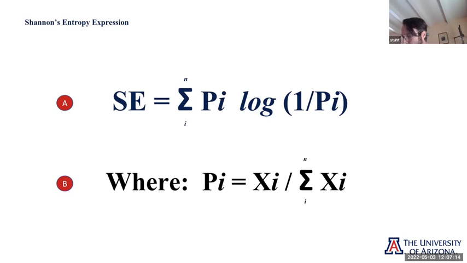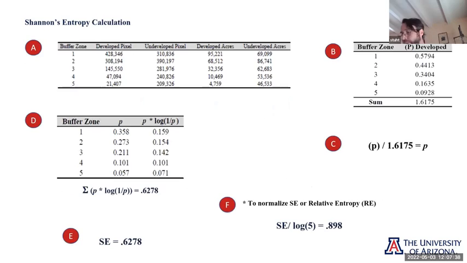So once observations are expressed as proportions, they are plugged into expression A, which again is a summation. The n above sigma represents the total number of buffers, and the i below is the particular zone being analyzed. Entropy is found via the logarithm base 10, or the decadic logarithm.